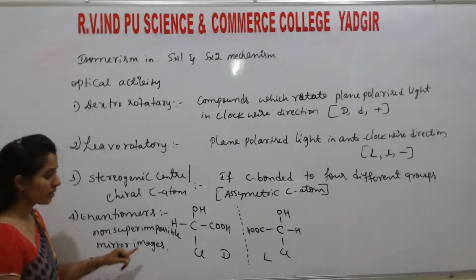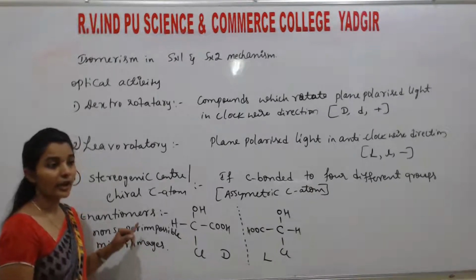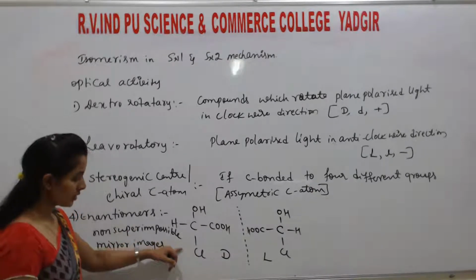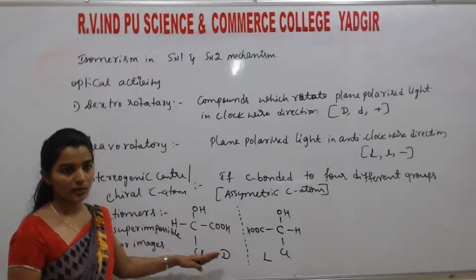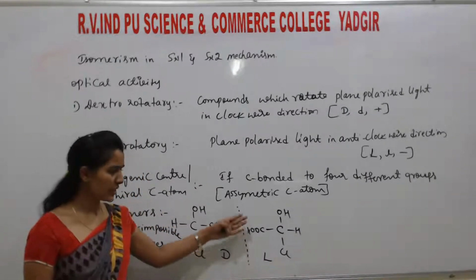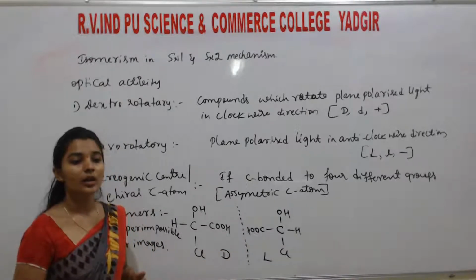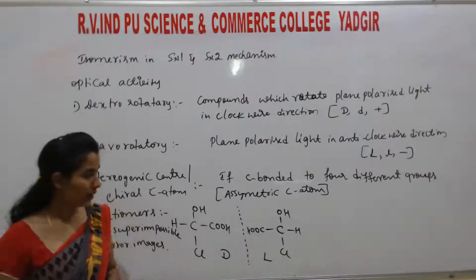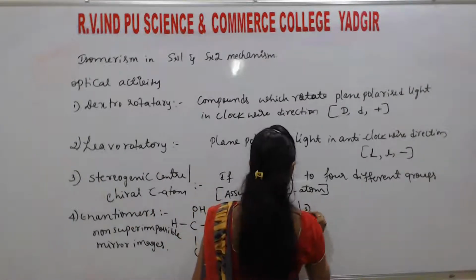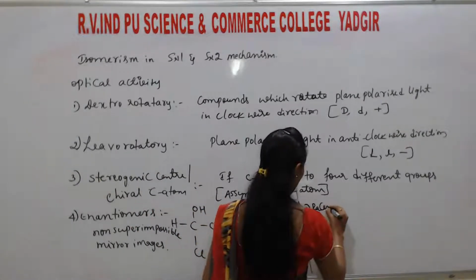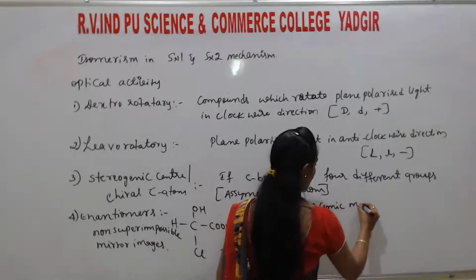Non-superimposable mirror images are called what? Enantiomers. So this is D and L. This one forms enantiomers: L isomers and D isomers. These are called optical isomers. And the other thing, the last one, is racemic mixture.